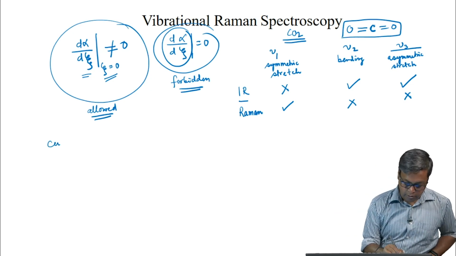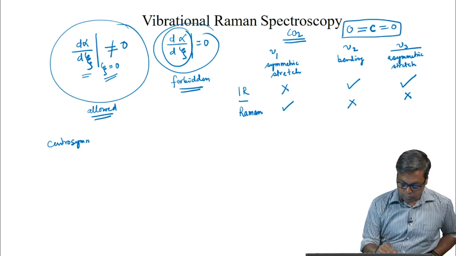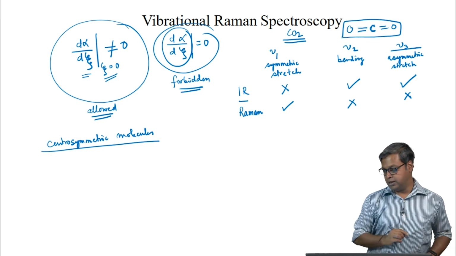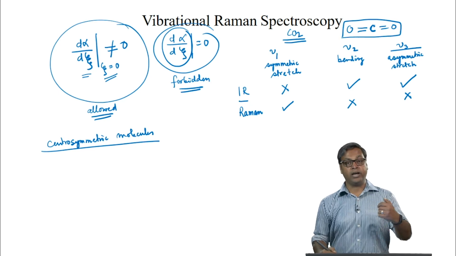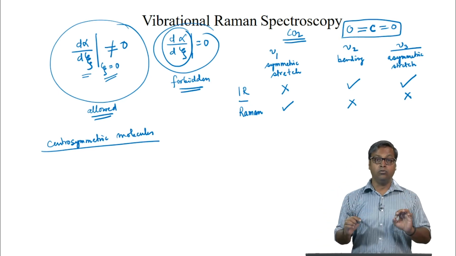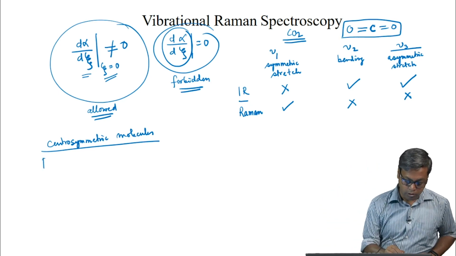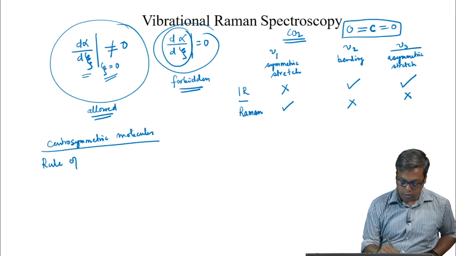So, for centrosymmetric molecules, this rule is valid: if it is IR active, it will be Raman inactive and vice versa, and this rule is the rule of mutual exclusion.